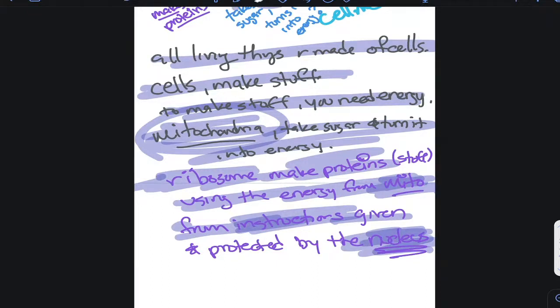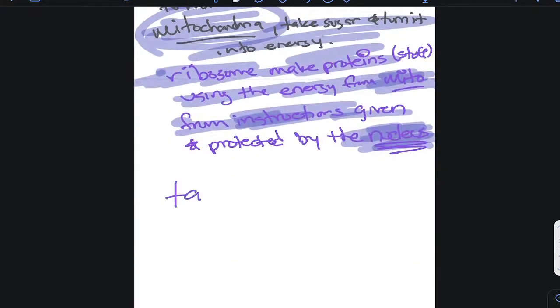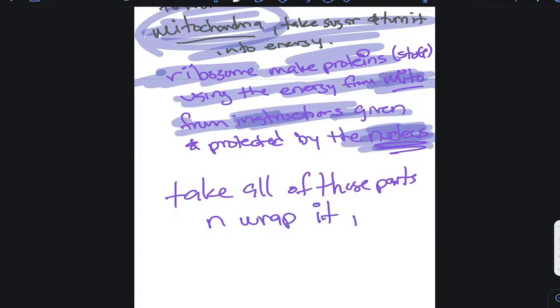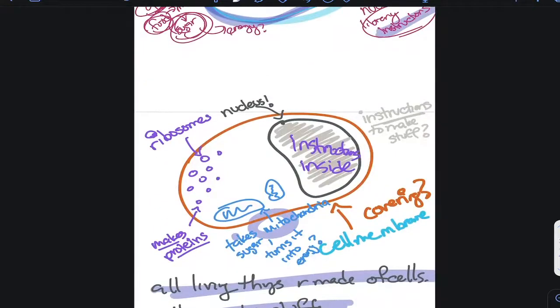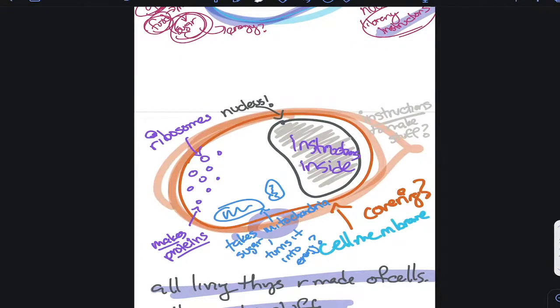And we're going to take all of those parts and wrap it in a cell membrane. Okay? Take all those parts and wrap it in a cell membrane. All right?